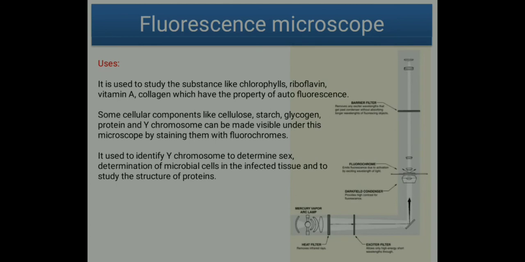Talking about the uses, it is used to study substances like chlorophyll, riboflavins, vitamin A, and collagen, which have the property of autofluorescence. Some cellular components like cellulose, starch, glycogen, protein, and the Y chromosome can be visualized under this microscope by staining them with fluorochromes.